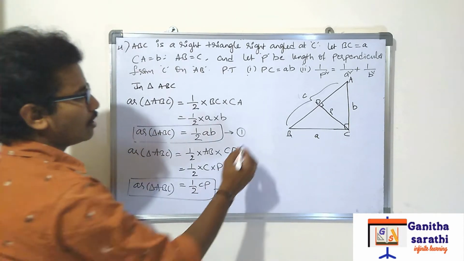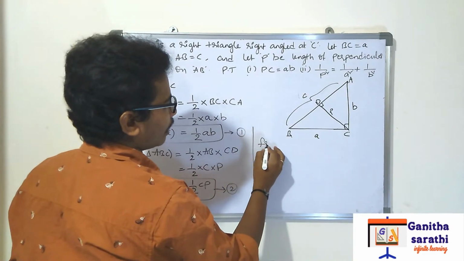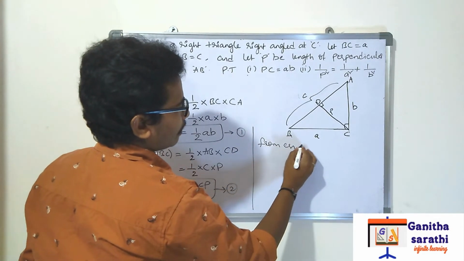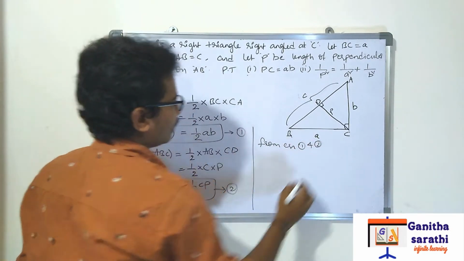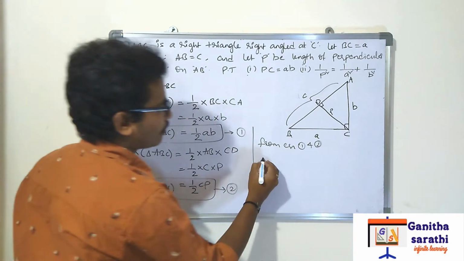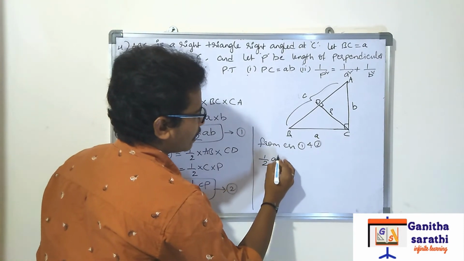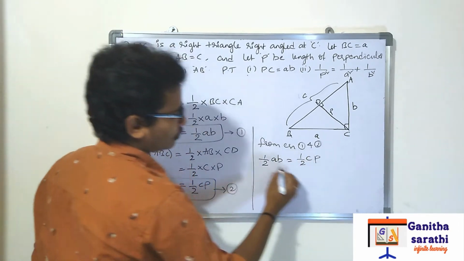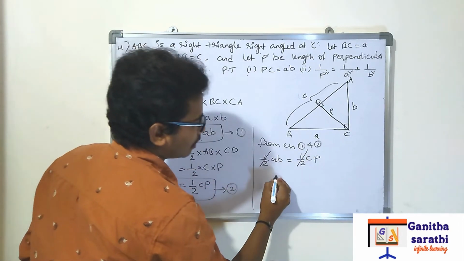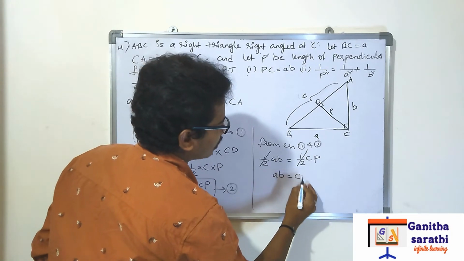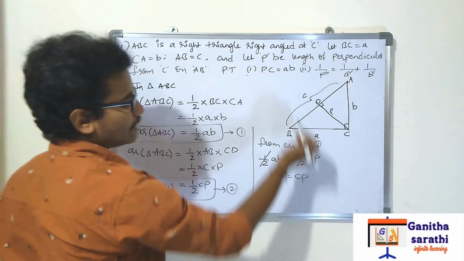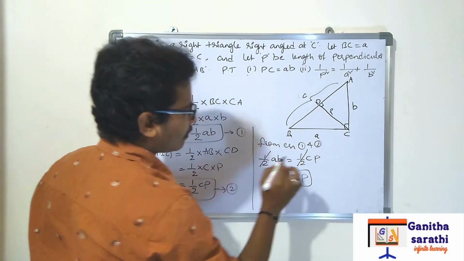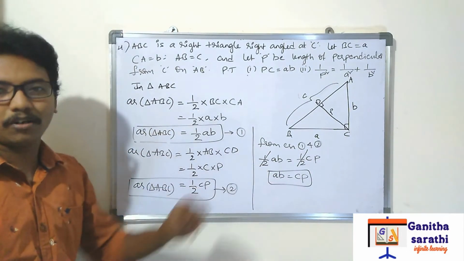From equations 1 and 2, half into ab is equal to half into cP. We can cancel half and half, so ab is equal to cP. PC or CP, both are equal. This is our first proof.